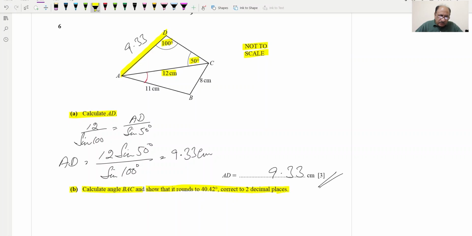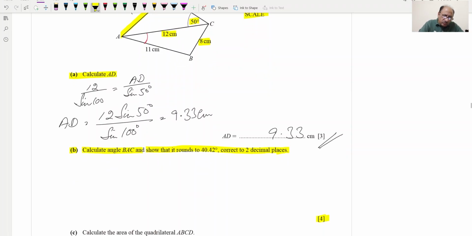We have all 3 sides, so we can apply the cosine rule. The opposite side is this one of the angle which is required. So BC squared will be equal to AB squared plus AC squared minus 2 into AB into AC into cos of angle A.